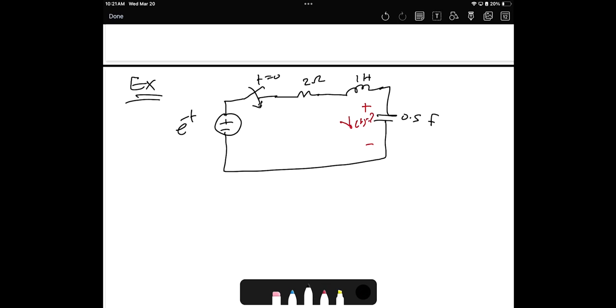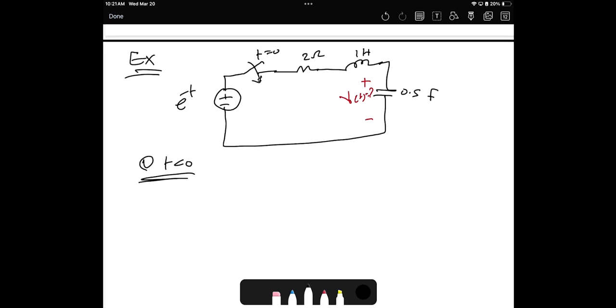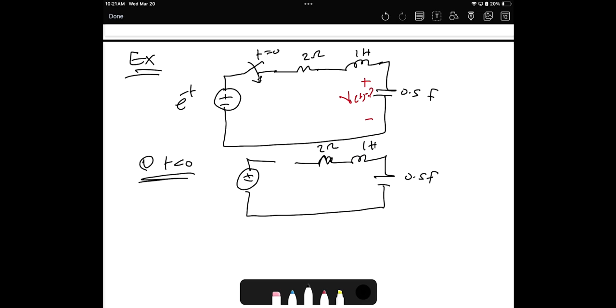According to our procedure, the first step is what? Do the initial condition, right? So let's do the initial condition. When t is less than 0, the circuit will look like this. So what will happen to the current of the inductor and the voltage of the capacitor?